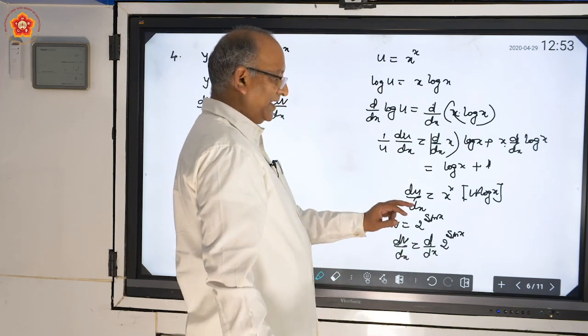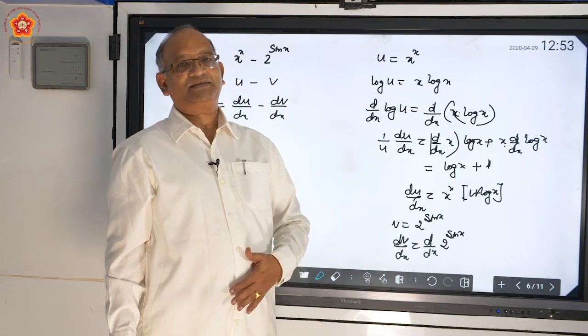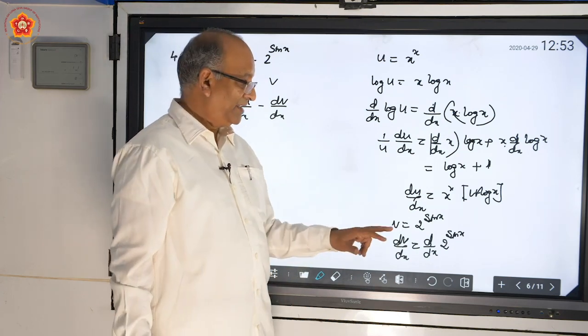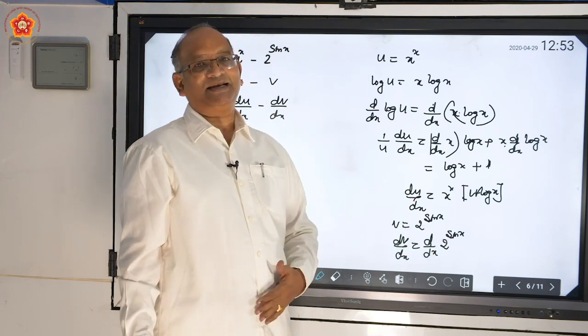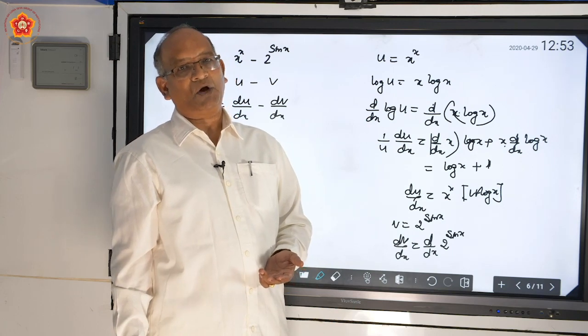We have a formula for a to the power x derivative. What is the derivative of a to the power x? It is a to the power x log a to the base e. But here instead of x we have got sin x. So it is again a function of function. Derivative of sin x will become cos x.